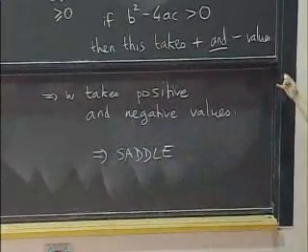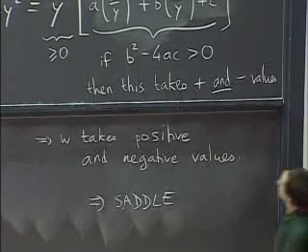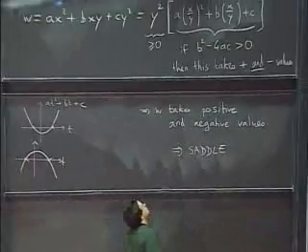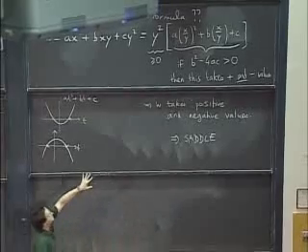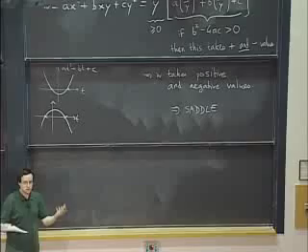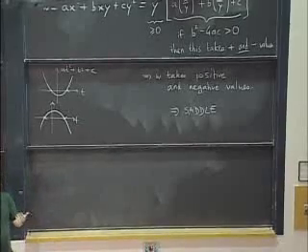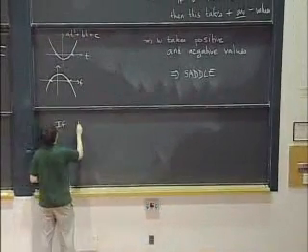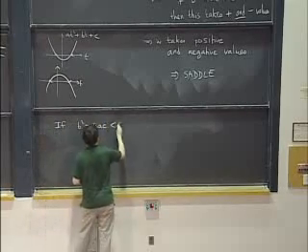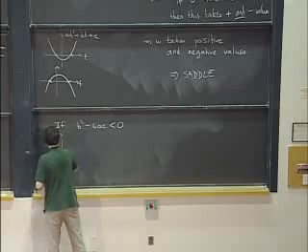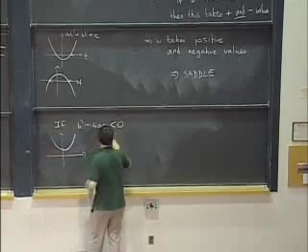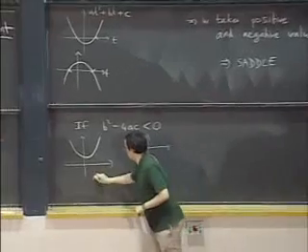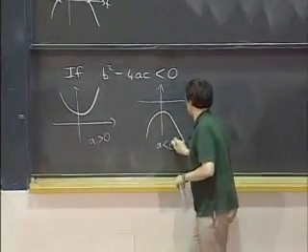While the other situation, when b squared minus 4ac is negative, means that this quadratic never takes the value 0. So it's always positive or it's always negative, depending on the sign of a. So the other case is if b squared minus 4ac is negative, then that quadratic doesn't have a solution, and it could look like this or like that, depending on whether a is positive or a is negative.